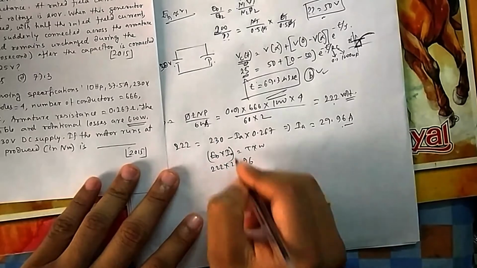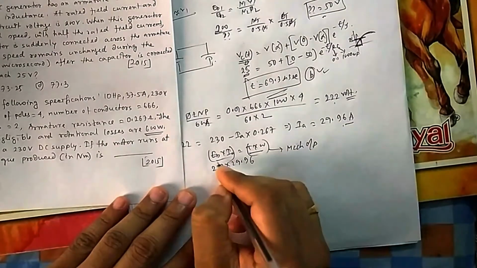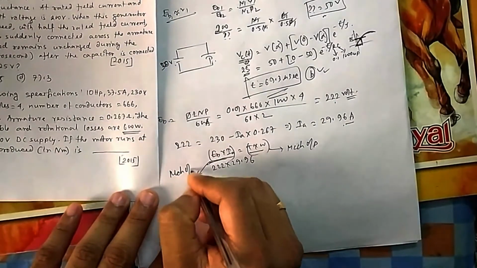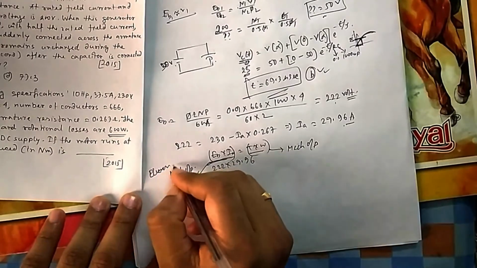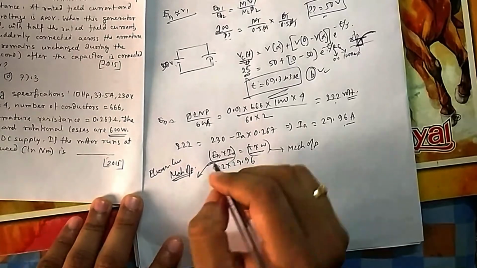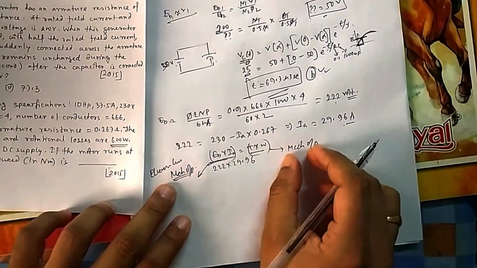But this is the power developed. This is the electrical power that is converted into mechanical power. Some mechanical losses are there. If we generally neglect all this loss, this much power is generated mechanically, but in output you are getting this.